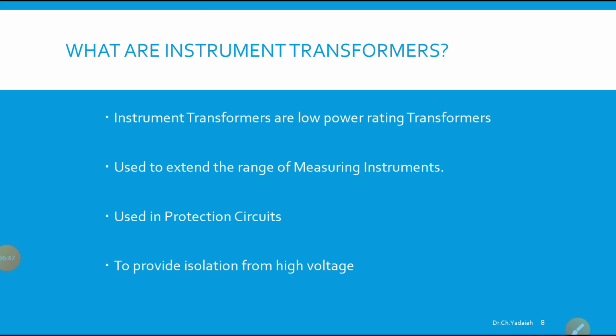So, 220 kV and 400 kV and maximum 765 kV are also measured with the help of our potential transformer in a small voltmeter.